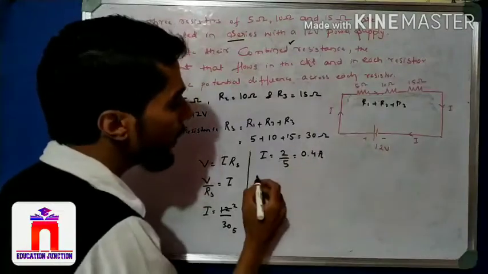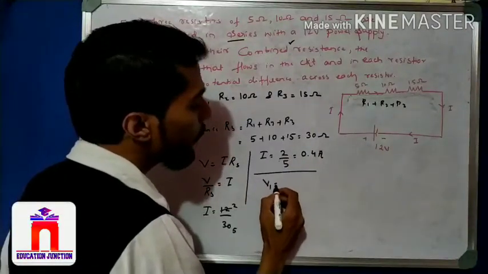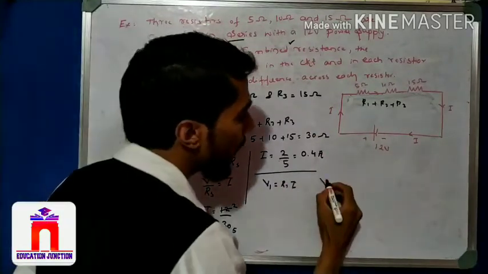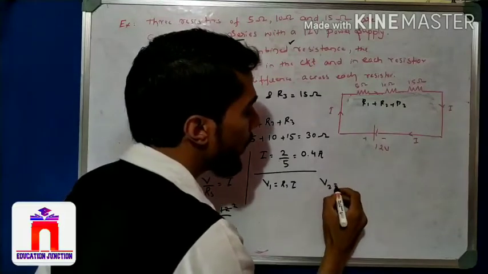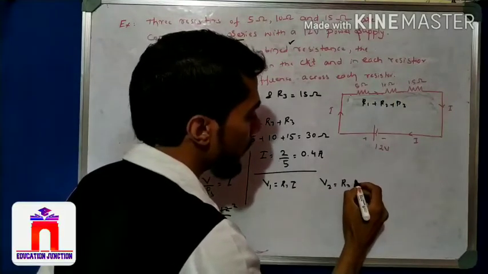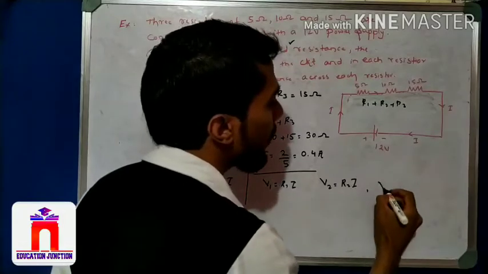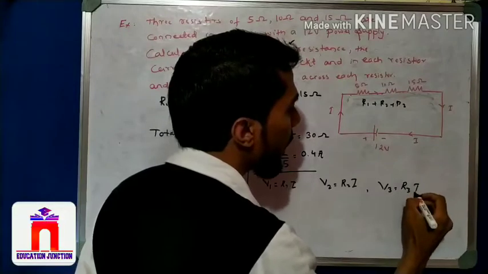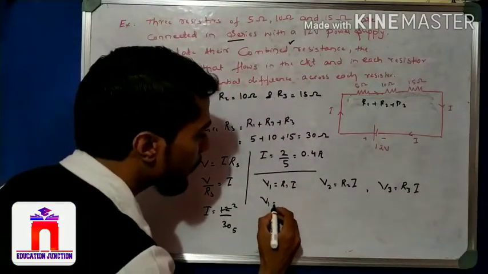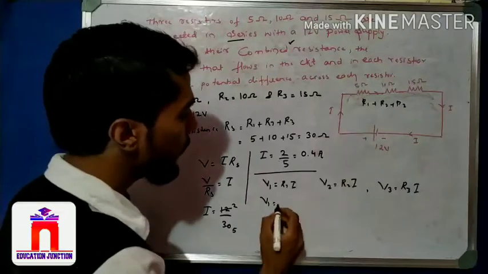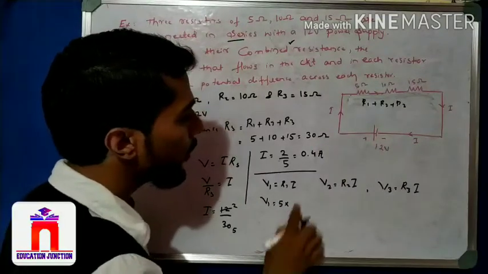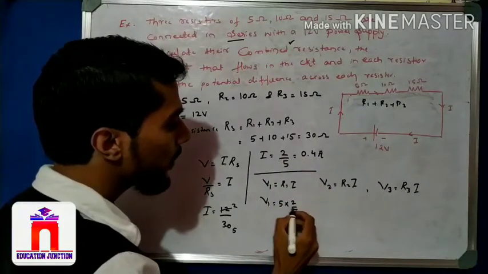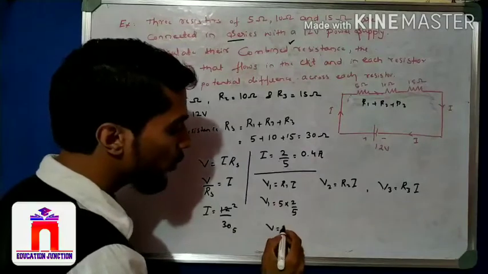So V1 is resistance R1 times current I. V2 is resistance R2 and current I, and V3 is resistance R3 and the same current I. Now V1 equals R1, which is 5, into I, 0.4, which is nothing but 2 by 5. Because the 5 gets cancelled, we get 2 volt.